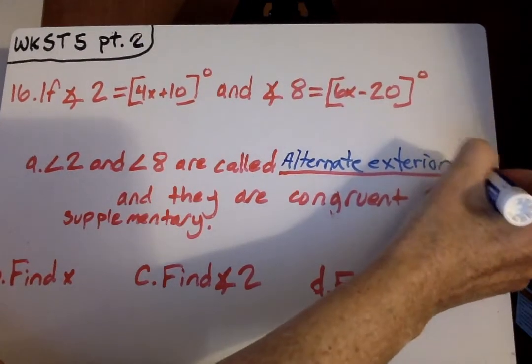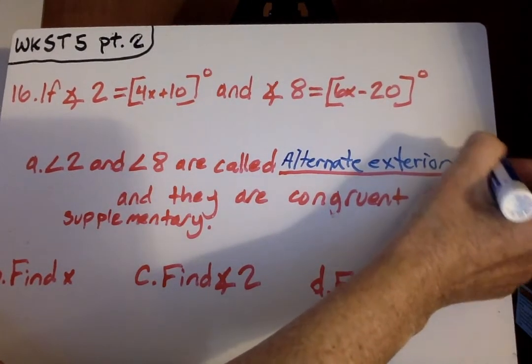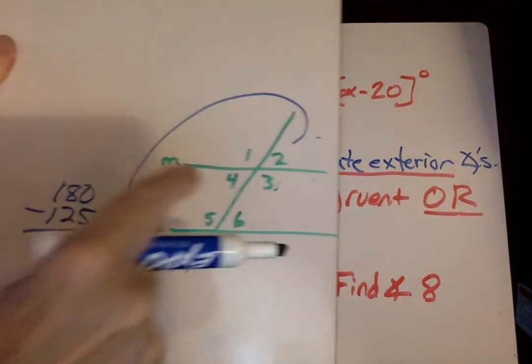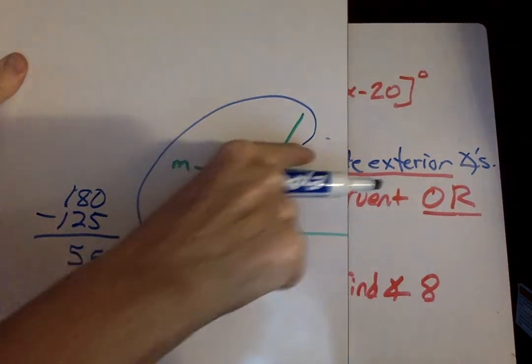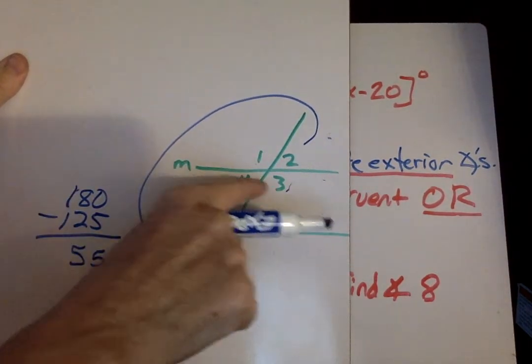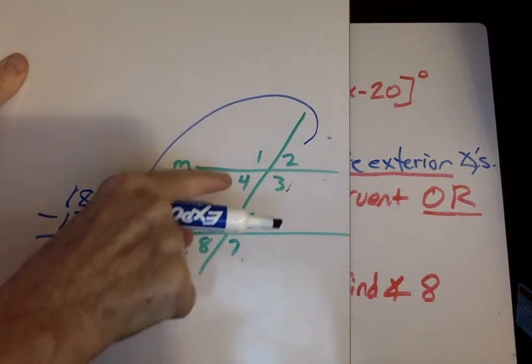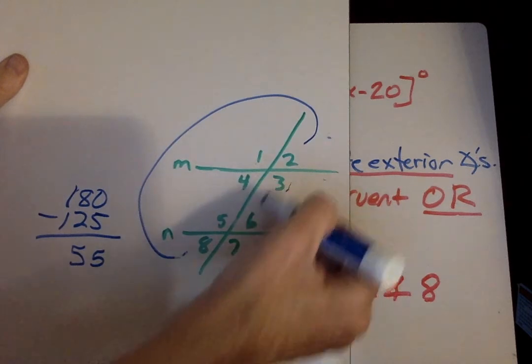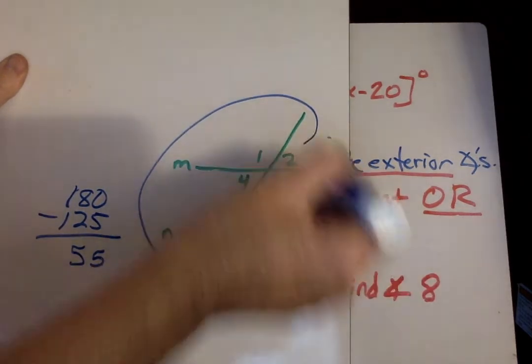And I'm going to make the angle sign like that. So these are alternate exterior. These would be alternate interior, alternate interior, same side interior, same side exterior.